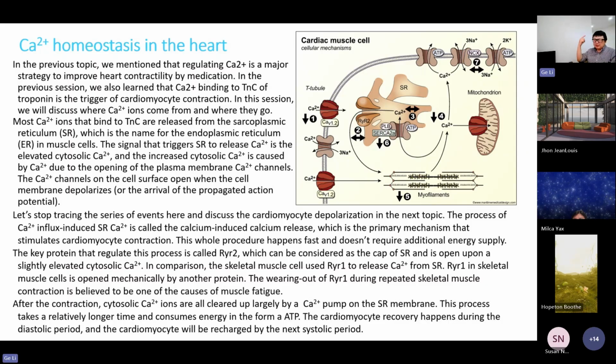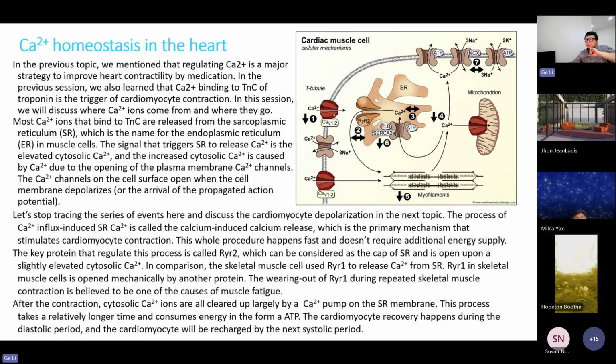Now we have the next question. What signal triggers the opening of RYR2? This signal is calcium again. RYR is very close to the surface of the cell membrane, and in the cell membrane there's another channel that can release extracellular calcium very fast into the cell.